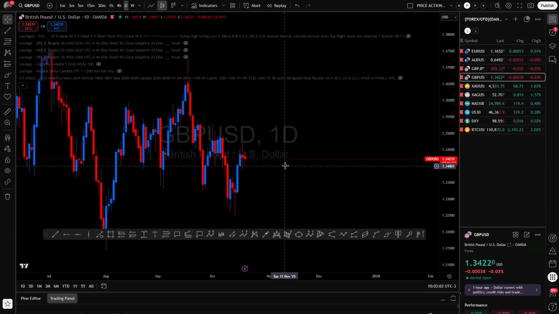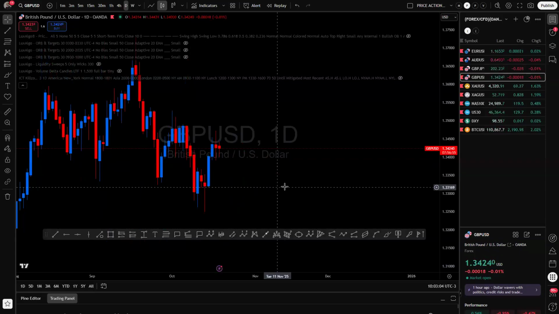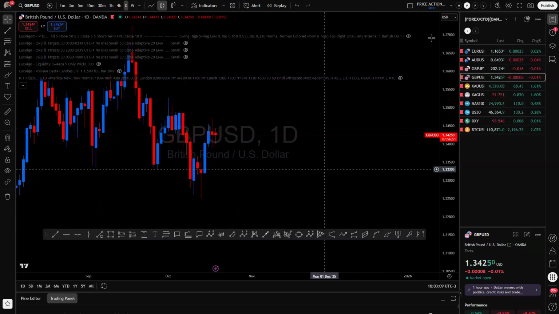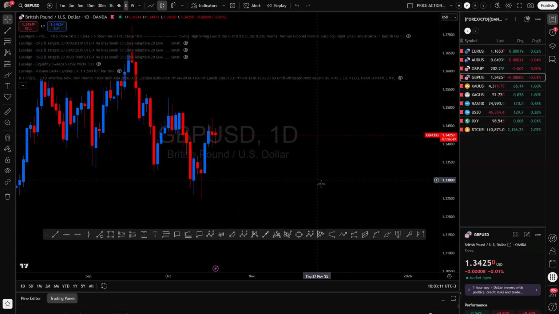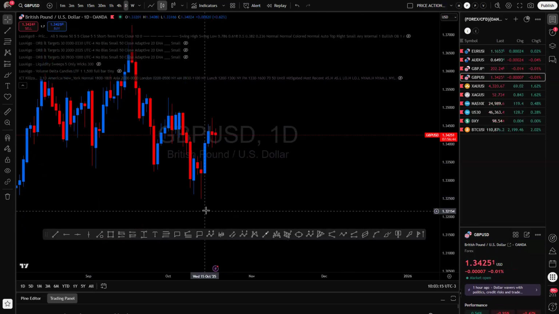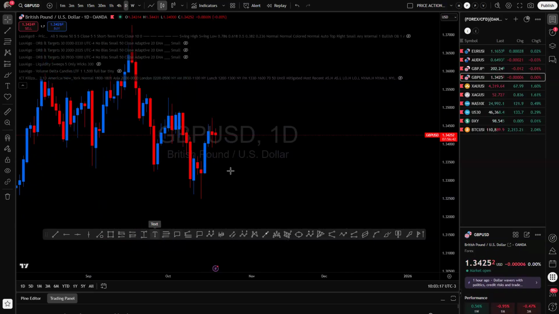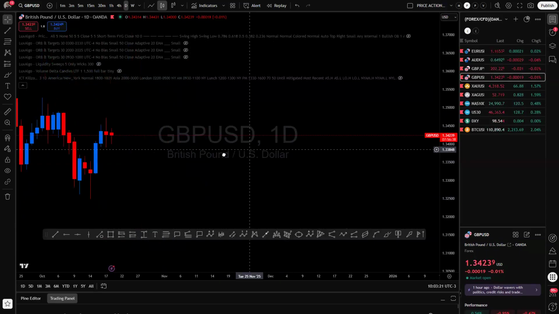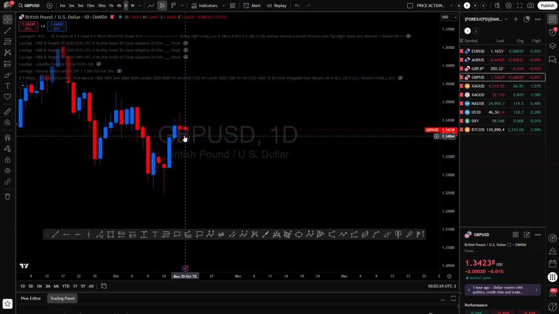So let's go ahead and get started here. We're on the daily time frame. The first thing we want to do is figure out the overall direction, the typical direction of where the market is more likely to go, based on AMD. AMD is accumulation, manipulation, and distribution. When we look at this last candle here, we can see that this candle closed bearish.